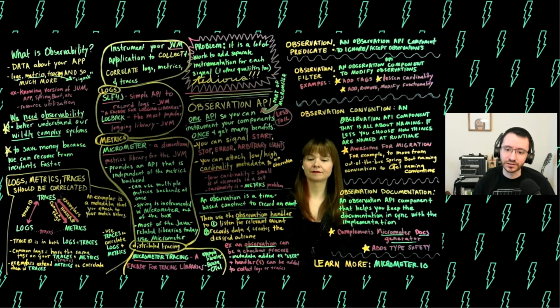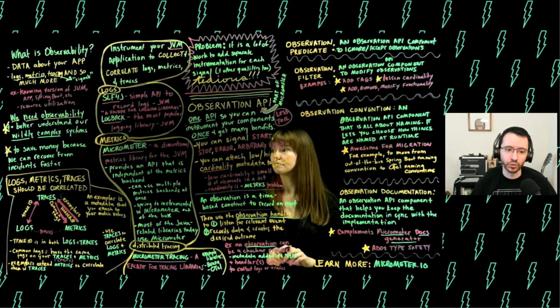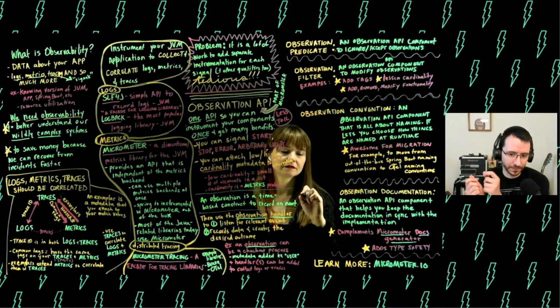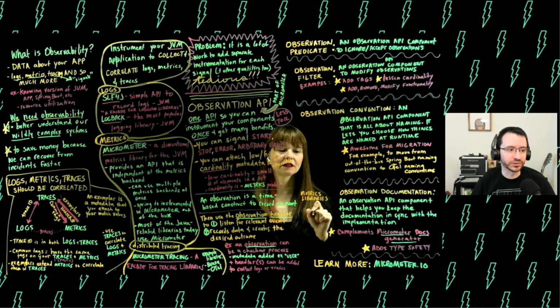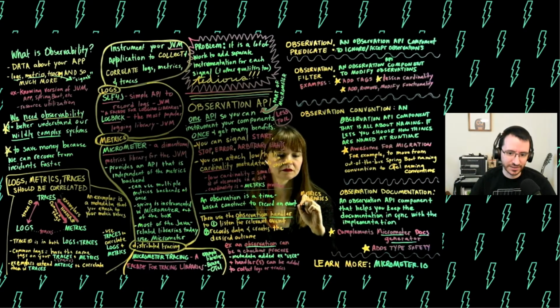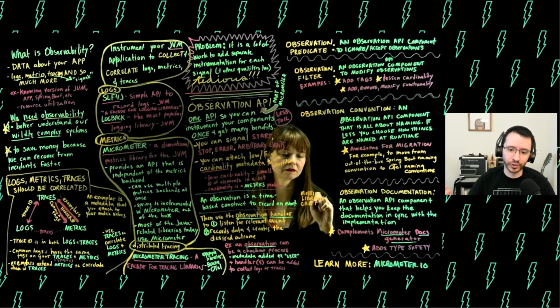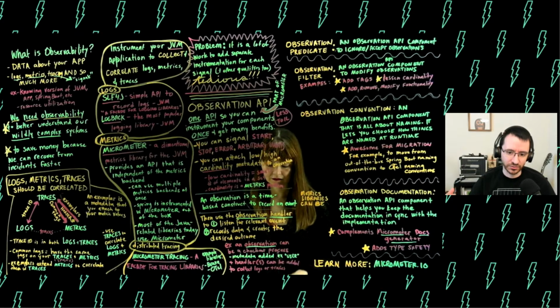Hierarchical means that basically all of this metadata that you can have in your metrics is encoded into the name of it. Let's say that you have a metric called HTTP requests, and you want to add metadata like status code, the HTTP method, and so on.